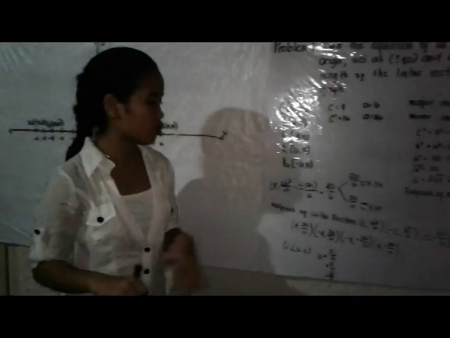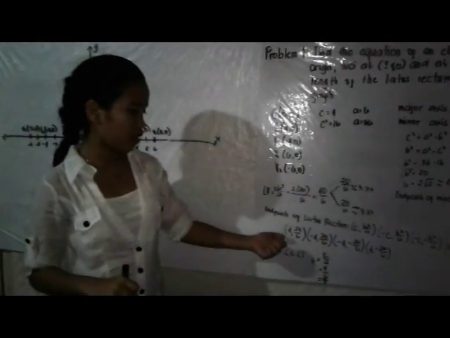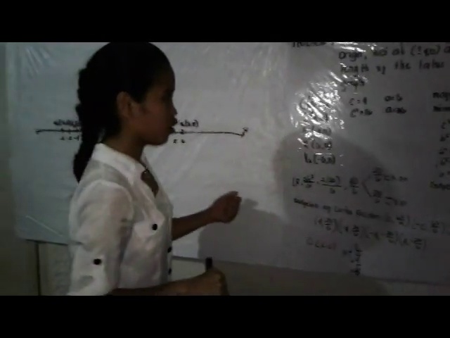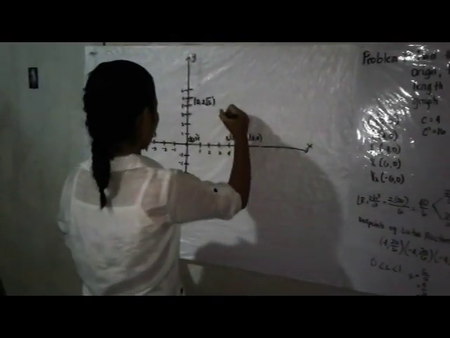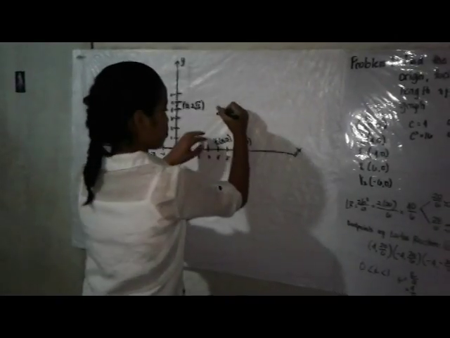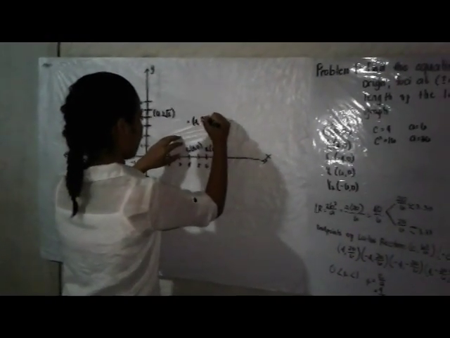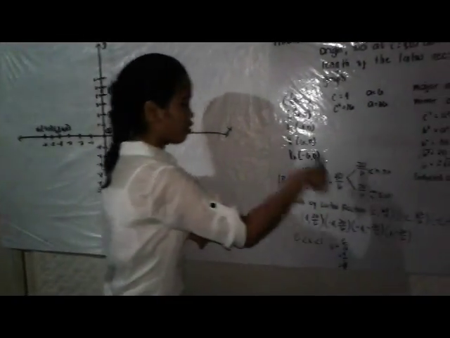Then the last is we have to find the endpoints of our latus rectum. The first one is 4, 20 over 6. The next one is negative 4, 20 over 6.